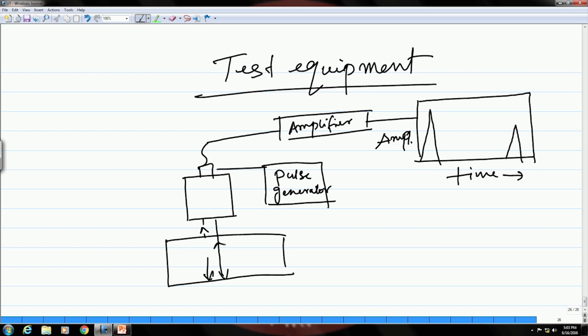Okay. And if there is anything in between, you will see that defect echo coming in between the initial pulse and the back wall signal.